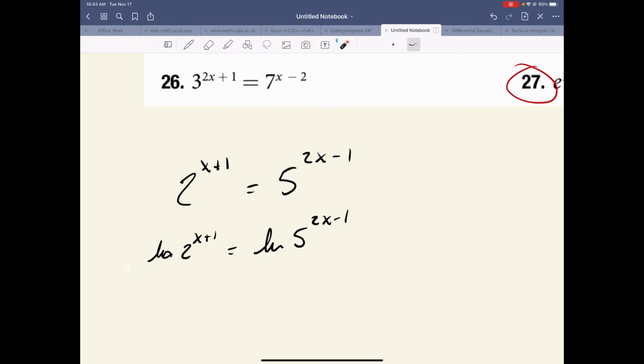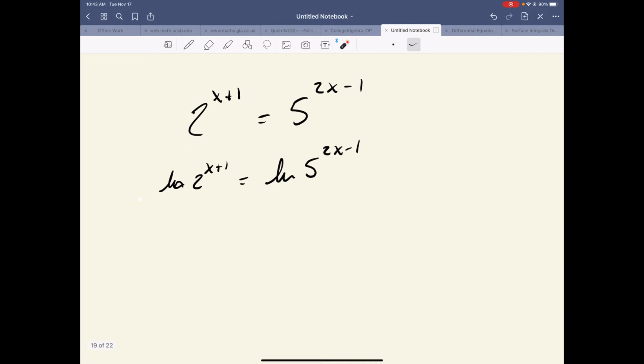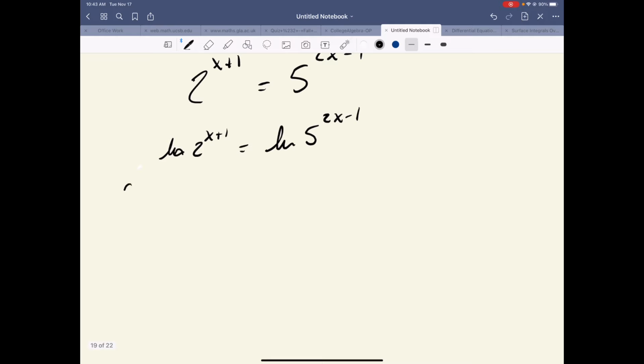Once I have that, those powers now do both come down. And so this is exactly why I had planned to do this problem this way. So we have (x plus 1) ln 2 equals (2x minus 1) ln 5. A big thing, and this is partly why this is one of my more favorite problems, is that notice I put parentheses around both of these.